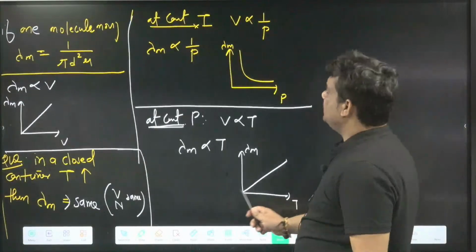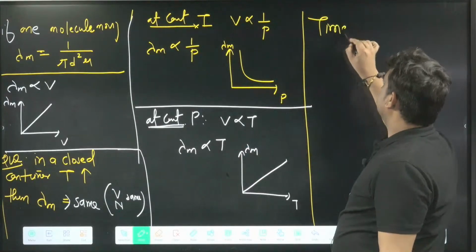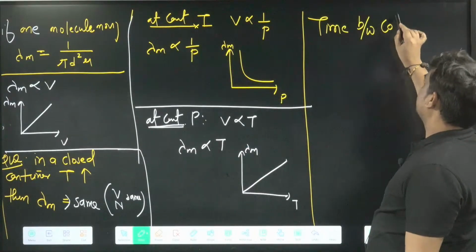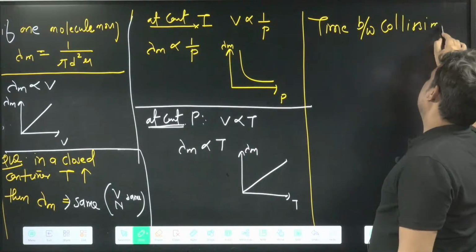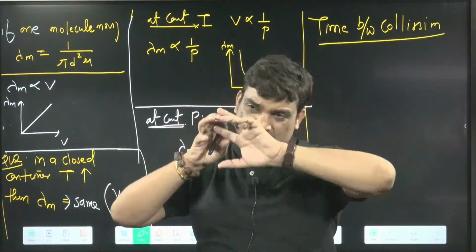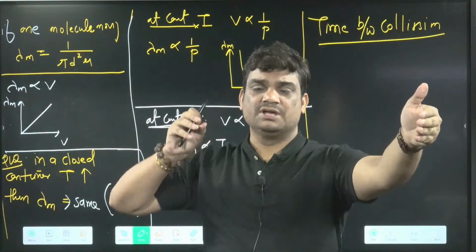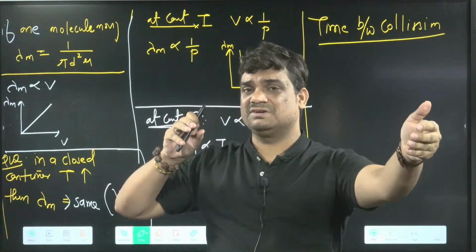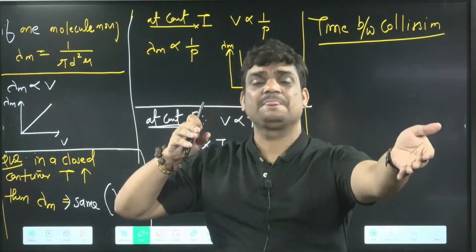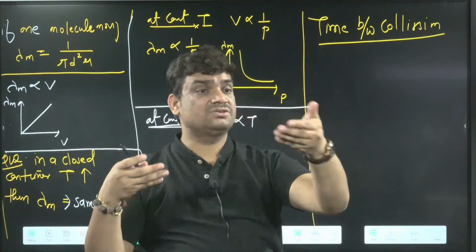Now, if I ask what would be the time between collisions: before making a collision, a molecule travels some distance, and we need to find how much time it takes. Time is always distance divided by velocity. The molecule travels distance lambda m with the velocity vrms.